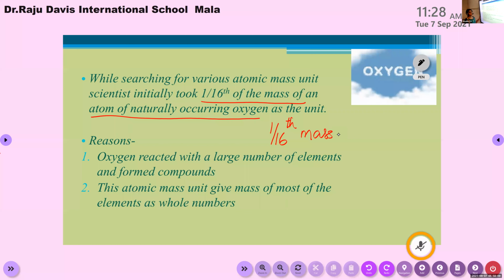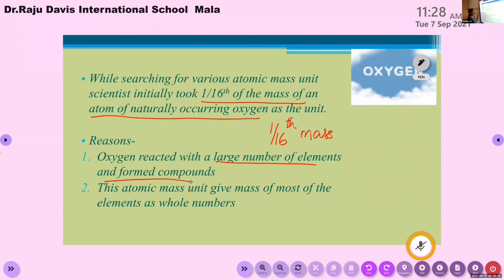And there are two reasons for selecting oxygen. Oxygen reacted with a large number of elements and formed compounds. That's the first reason. In the periodic table, oxygen will react with almost all elements. That's why they selected oxygen.